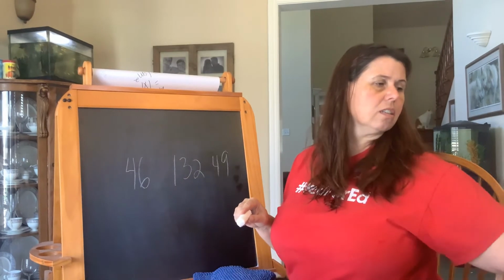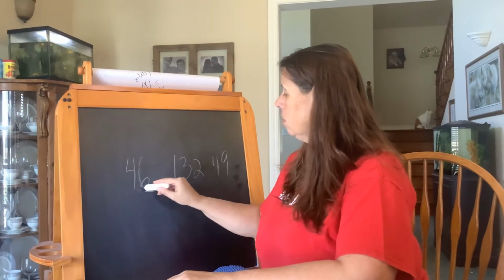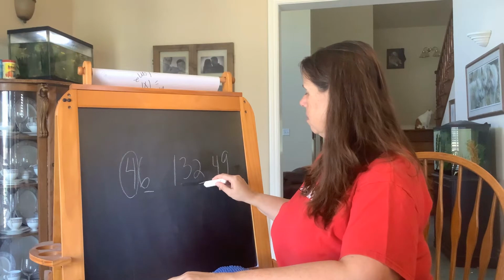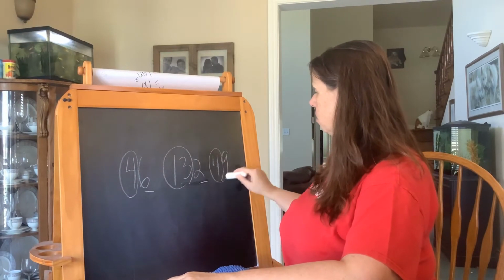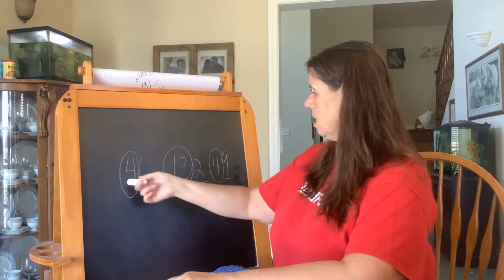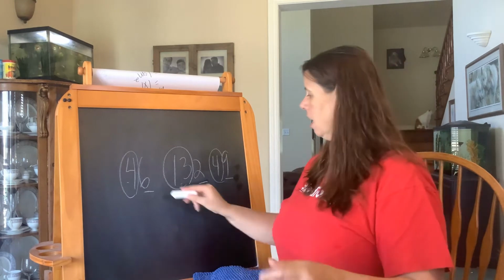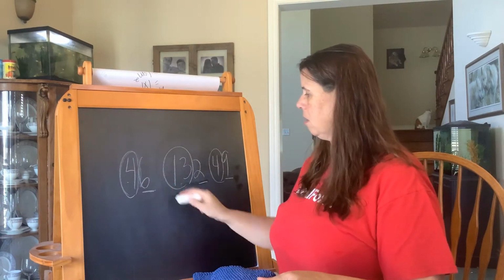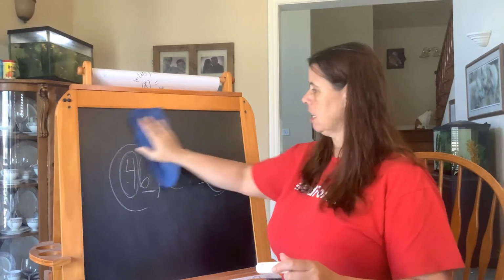Underline the leaf, circle the stem. Well, clearly 46 and 49 have the same stem, right? So you're just going to go through those numbers, underline the leaf, circle the stem, then find the ones that are the same and circle the whole number so that we know that those are the same, right? Okay, pause the video, go do number 3.